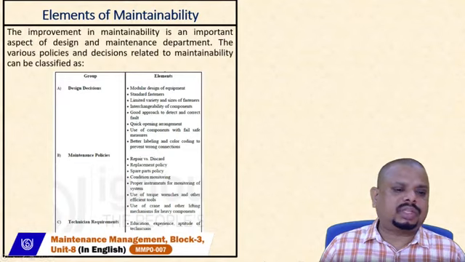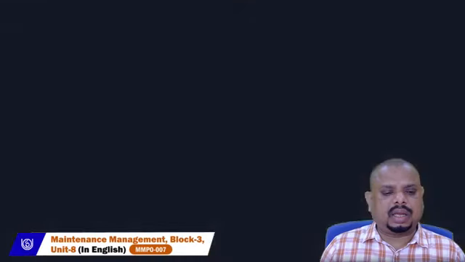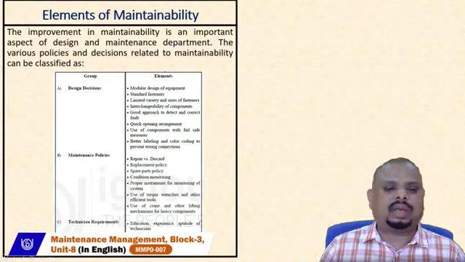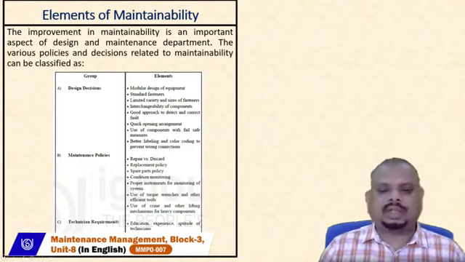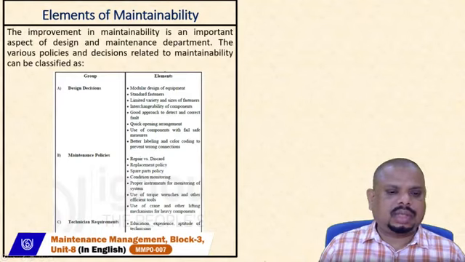Next we have maintenance policies. Every maintenance department has its standard operating policies. Under these policies, the first element is repair versus discard. Then, if you go for repair, there must be replacement policies. And if there are replacement policies, they strictly define the spare parts policies.